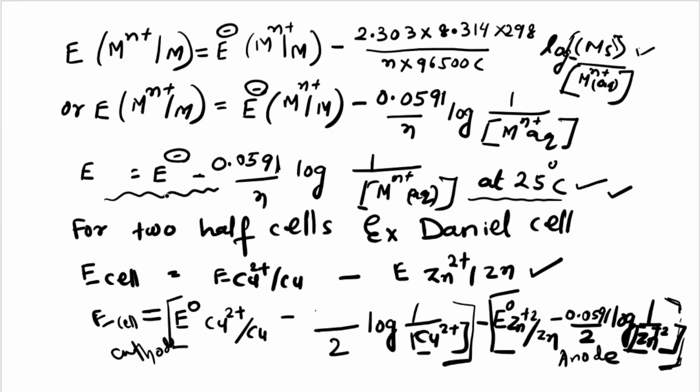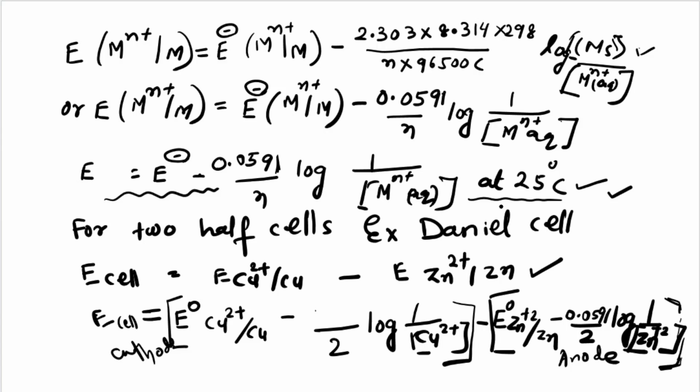Lastly you can see E equal to E0, that is, electrode potential equals standard electrode potential minus, after calculation, 0.0591 by n log 1 by the concentration of M n plus. That means it is at 25 degrees centigrade, 298 Kelvin.